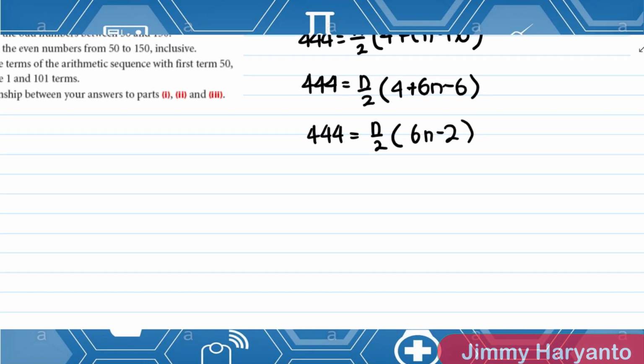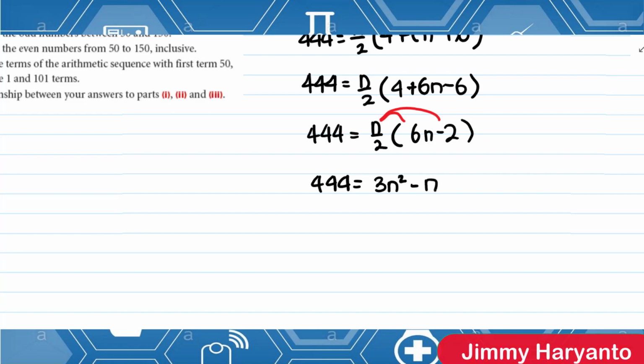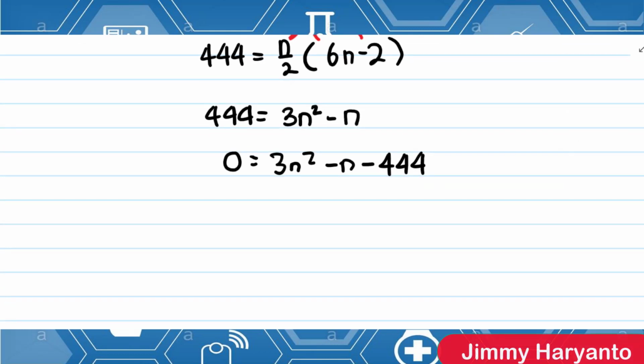We can multiply the n over 2 inside the brackets, which gives 3n squared minus n. After that you have to move the 444 to the right side, minus 444, and because we have a square, we have to factorize it.